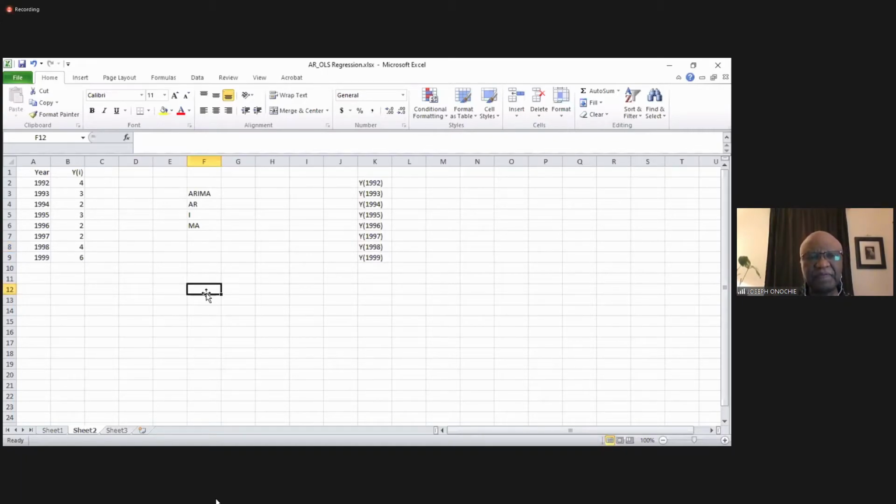For example, everybody, can you see me here? If, for example, the series is y to the power of 2, y squared. Okay, so it's non-linear. How can I make this linear? I can take natural log. I can take natural log of y squared.